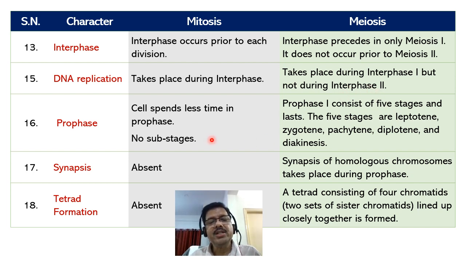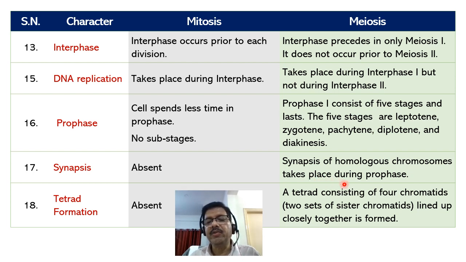As far as prophase is concerned, the cell spends less time in prophase and no substages are there in mitosis. And in meiosis, prophase 1 consists of 5 substages: leptotene, zygotene, pachytene, diplotene and diakinesis. Synapsis formation is absent in mitosis, whereas in meiosis it is there.